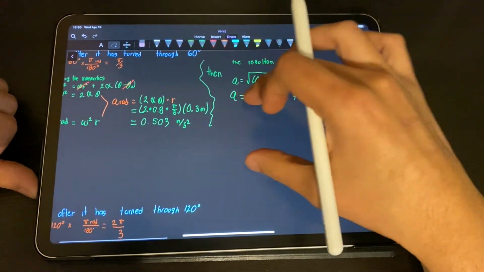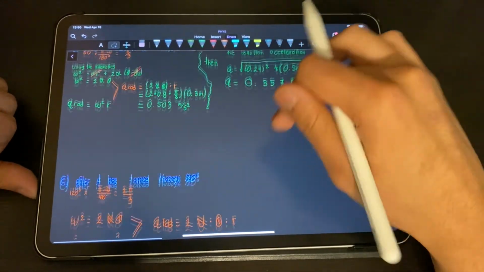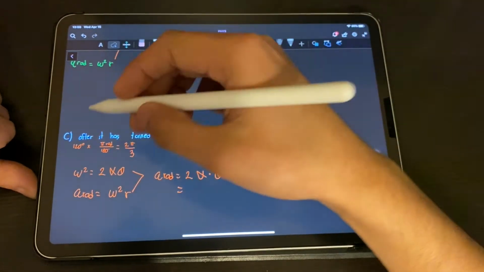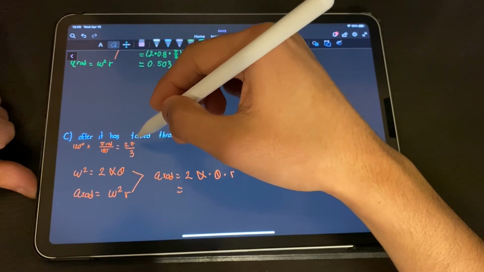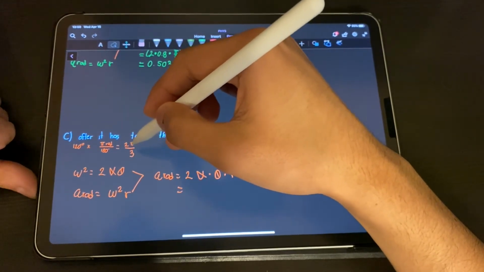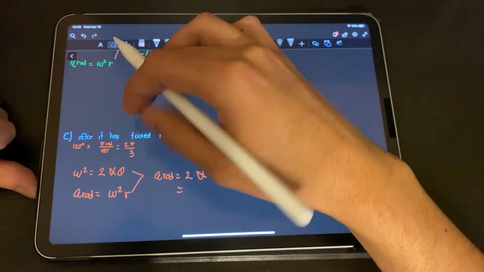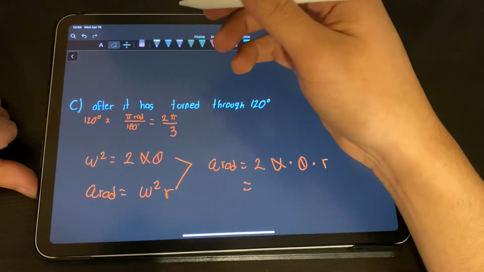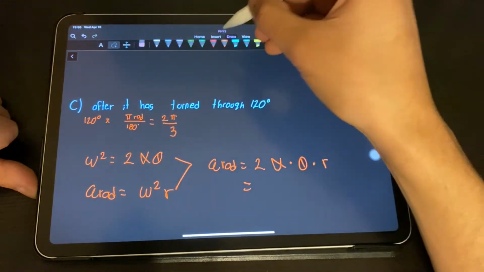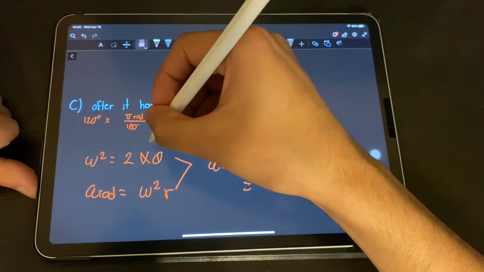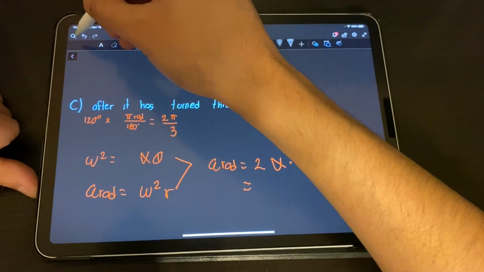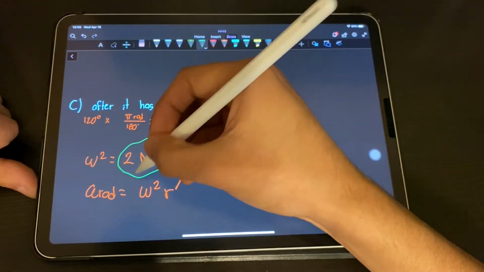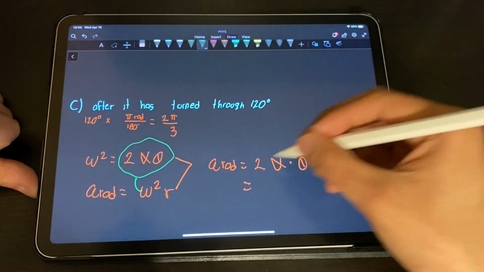Now lastly, we're gonna do the same with the angle of 120 degrees. We multiply this and we get this in radians. And like I said before, we're gonna substitute all this into here, and we get this formula.